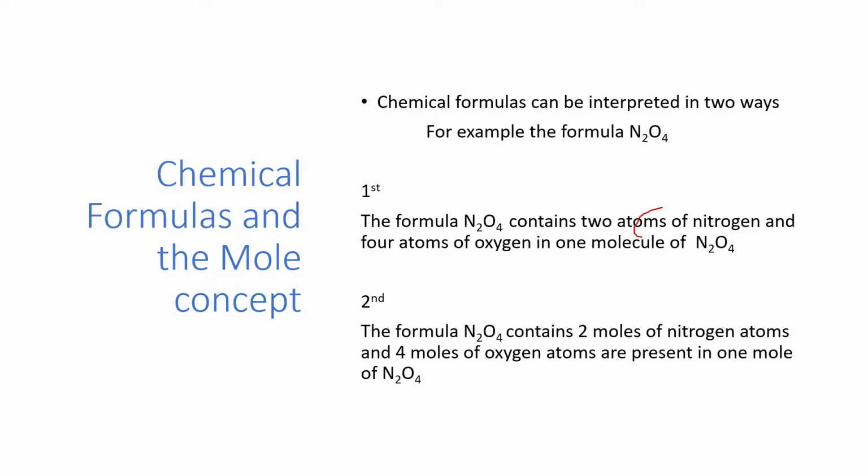So dito, ang tinitingnan natin is yung atoms, whereas in the second interpretation, we're considering that each element contributes a certain number of moles in the whole molecule. So sinasabi natin dito na meron tayong 1 mole ng N2O4, tapos meron tayong 2 moles ng nitrogen, and then 4 moles ng oxygen. Okay, so again, two ways to interpret chemical formulas.